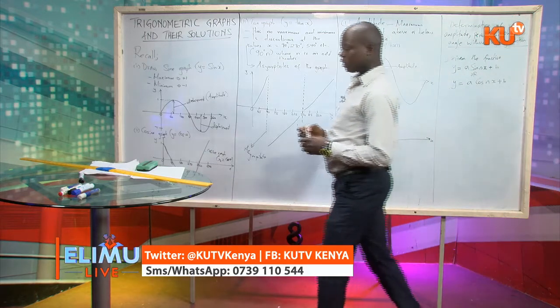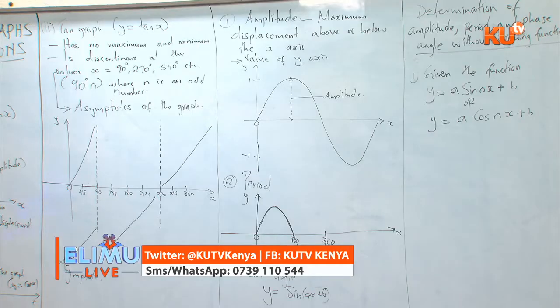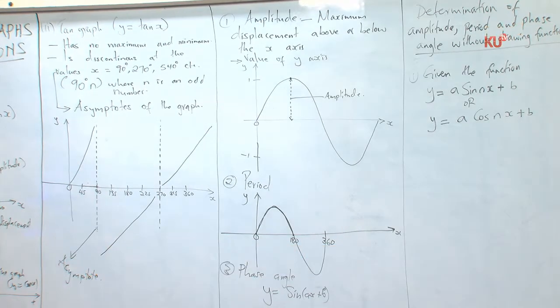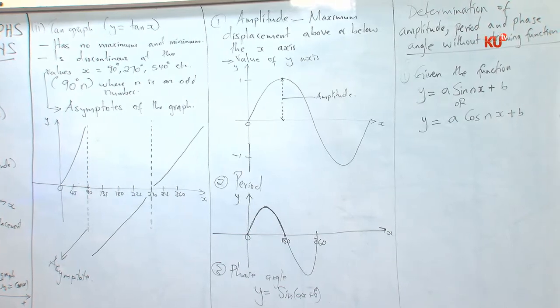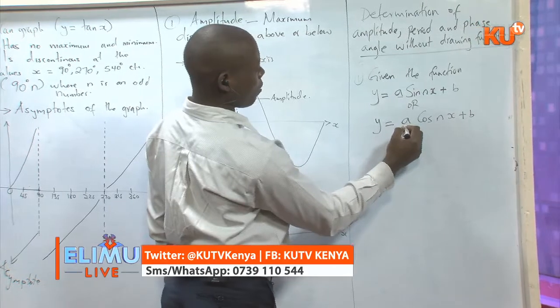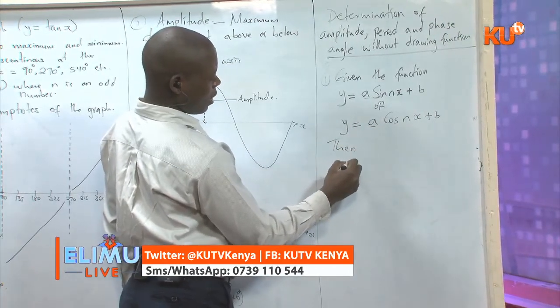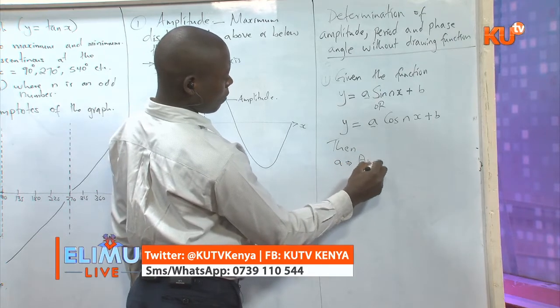Remember again, we said it is not going to happen for the tan, because the tan has a discontinuous curve. So in this case, the coefficient of the ratio, a, is what we call the amplitude.